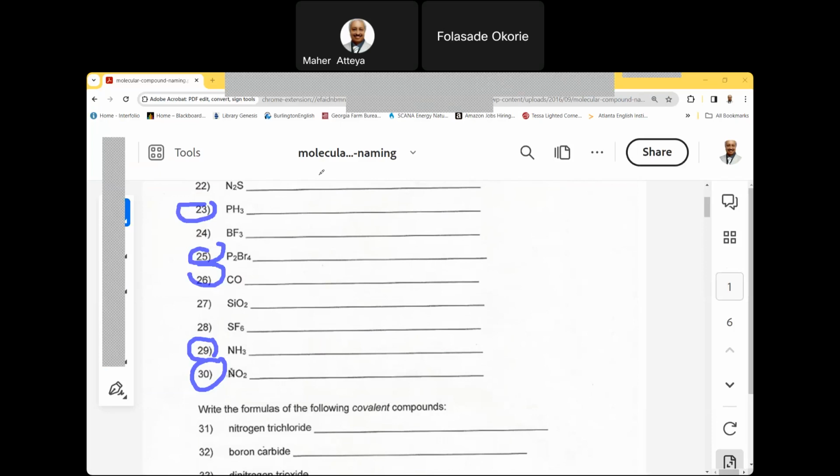Phosphorus. What do we call it? EH3. I know three. Would that be phosphorus hydrogen nitrate? No. Forget about the monohydride and nitrate. Hydride. Okay, hydride.